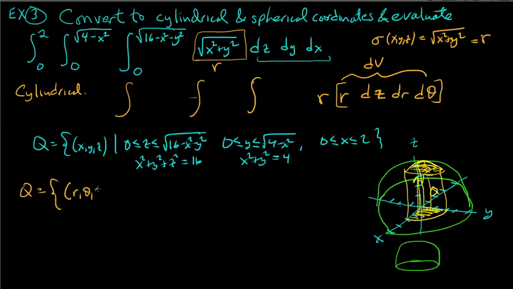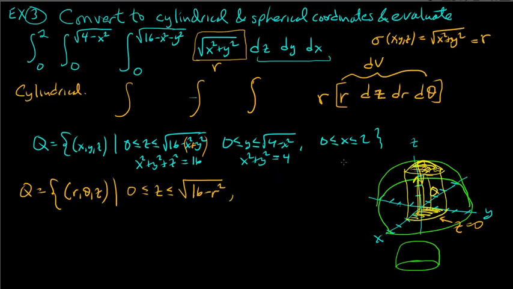So r, theta, and z. Okay, so what's z doing? Z is going from, well, the xy plane is z equals 0. And this is just going to be the square root of 16 minus x squared plus y squared, which is r squared. Okay.